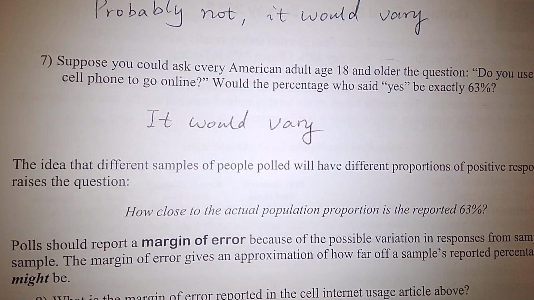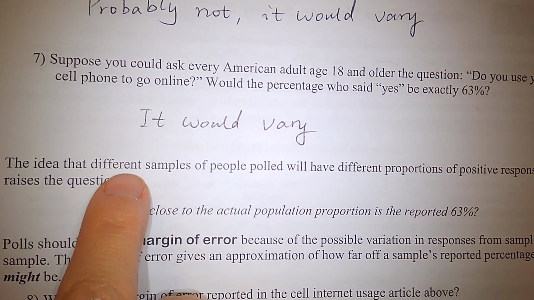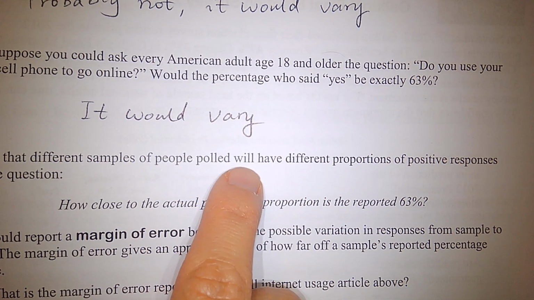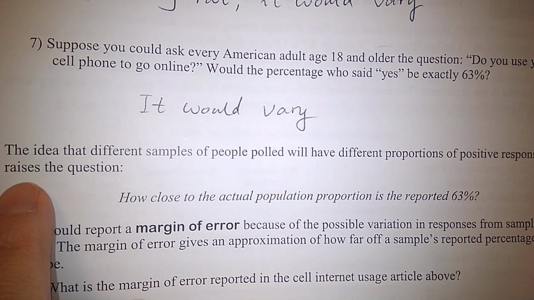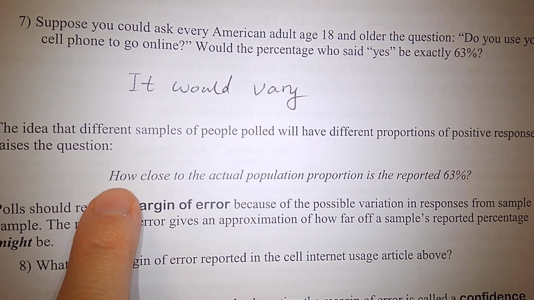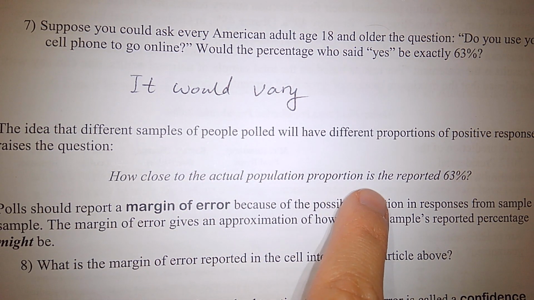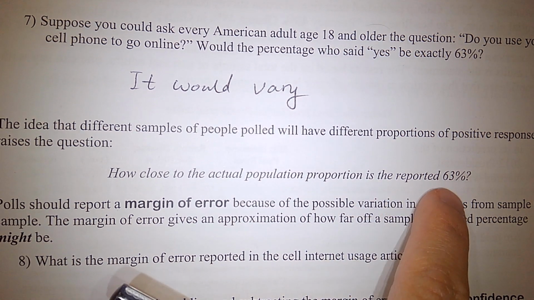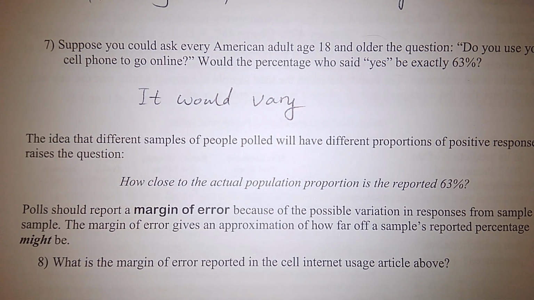Now we have this question. The idea that different samples of people polled will have different proportions of positive responses raises the question: how close to the actual population proportion is the reported 63%? You understand the question we are talking about? We choose this group and get 63%. If we find another sample, it may tell us 62%.